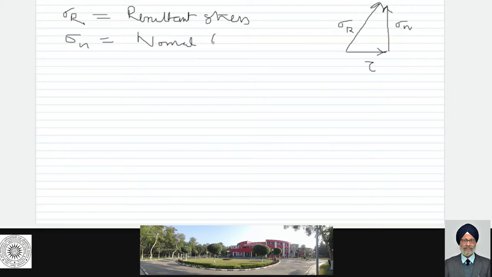So you can say sigma r is the resultant stress at any point. Sigma n is the normal component of the stress, and this is the shear component.